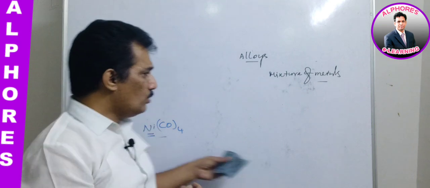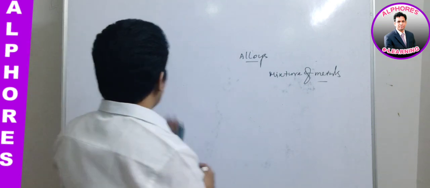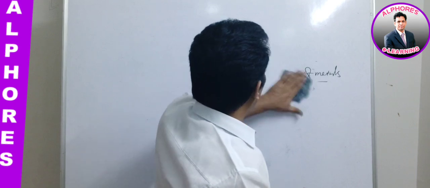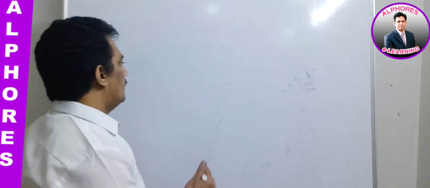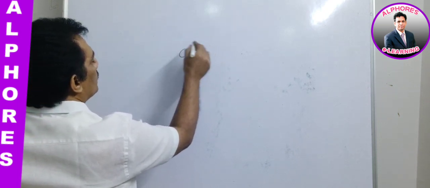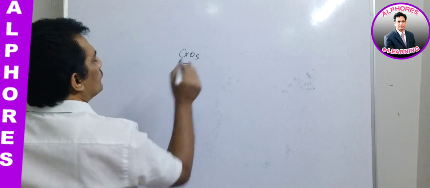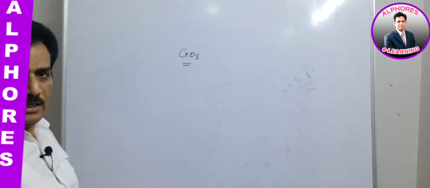Here is one more compound, well known for its butterfly-like structure: CrO5, that is chromium pentoxide.